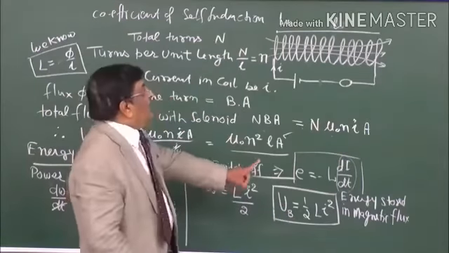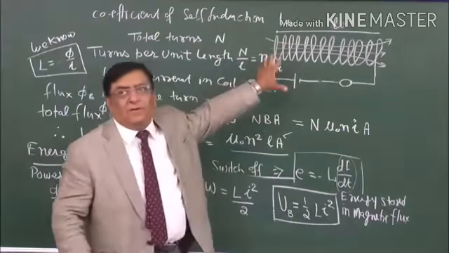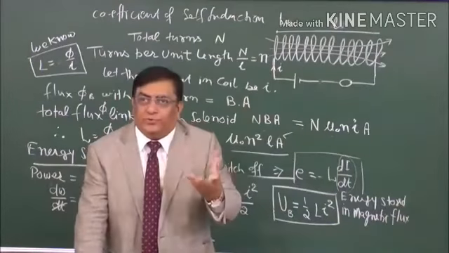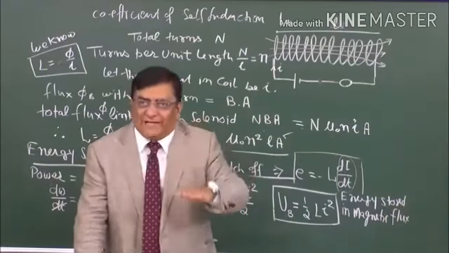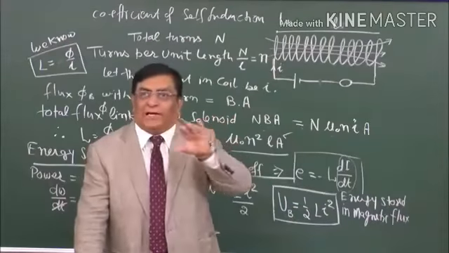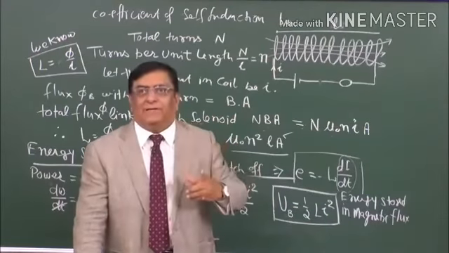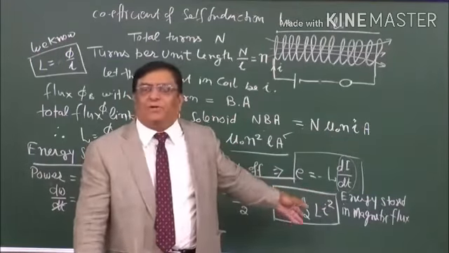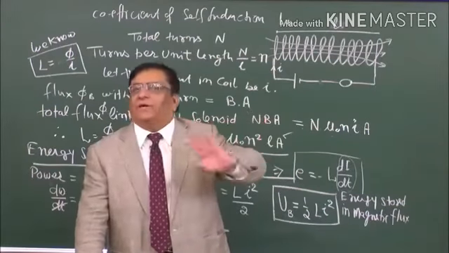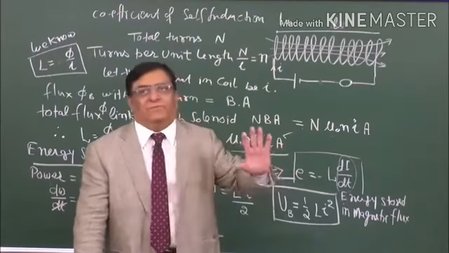So this is the energy stored in the inductor, and this is the energy it is going to use when the current is dying down. The same energy it is using to continue the current, but it is a limited stock. The moment this energy finishes, it cannot continue the current, and finally the current becomes zero.